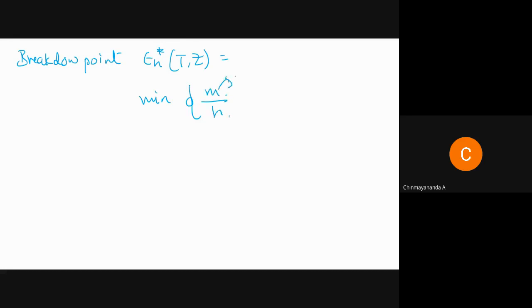This is the number of replaced points, if you remember, and this is the number of total points, such that bias is infinity.